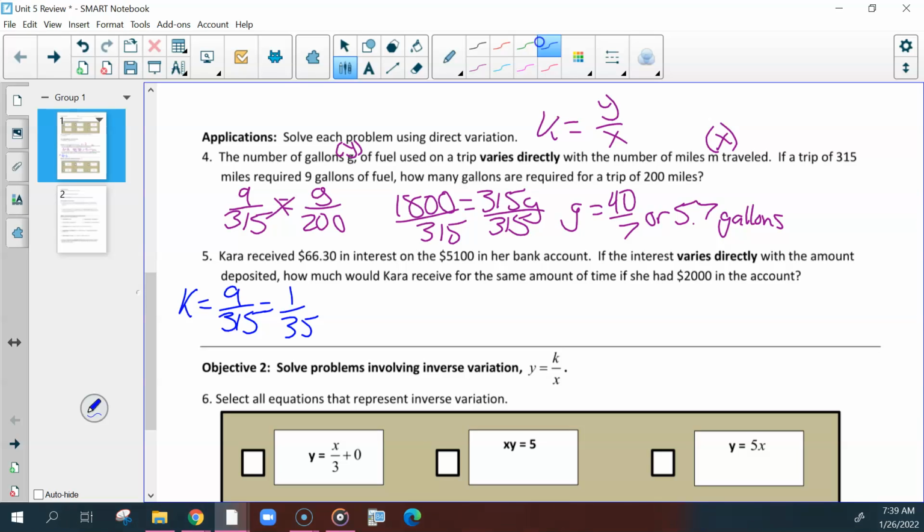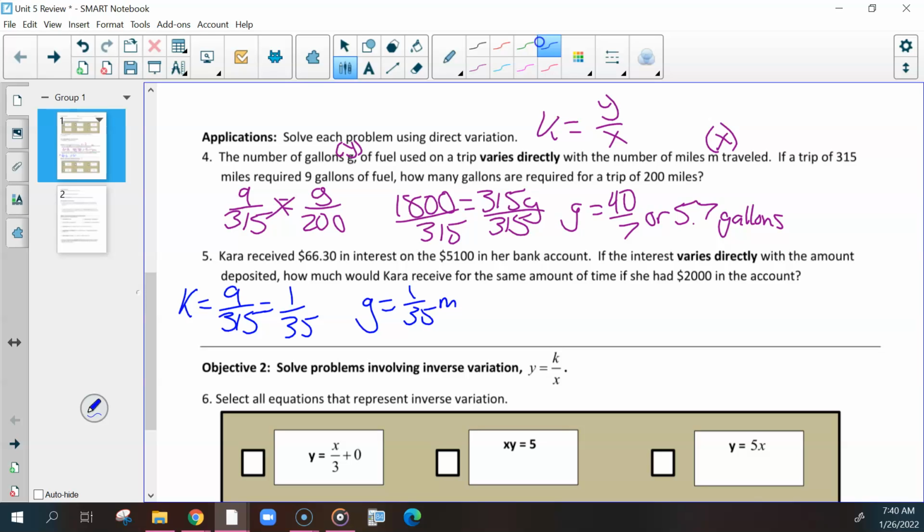What is our direct variation equation? Y equals kx. Yeah, in this case, it would be g equals km, but yeah, same thing. And then we can put in all of our numbers into that equation.